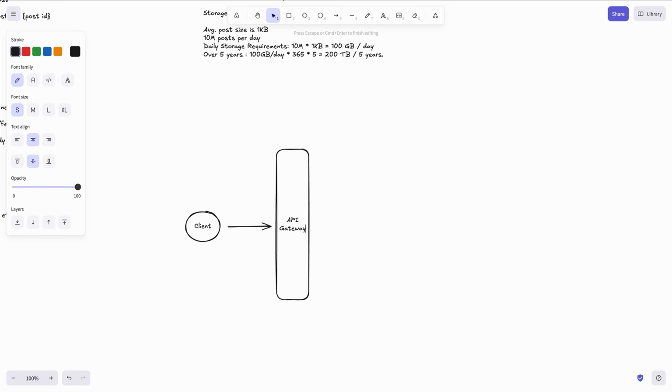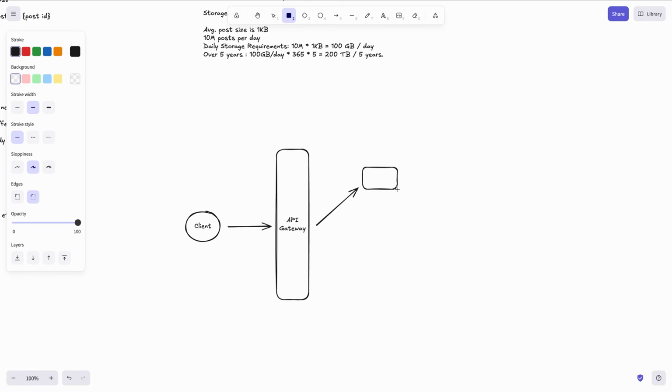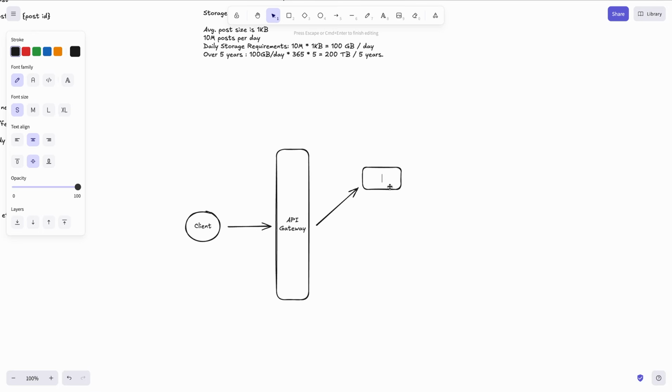Now let's trace what happens when a user posts something. The API gateway routes that request with the content to a dedicated service, and I'm going to introduce a Post CRUD service for this.